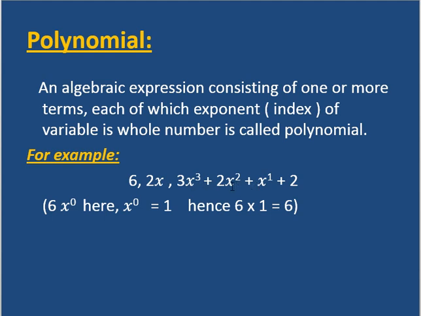Here we have 1, 2, 3, 4 terms. So these are called polynomials. This x has power, or in other words we can say exponent, 3, here 2, here 1, and here we have only 2.